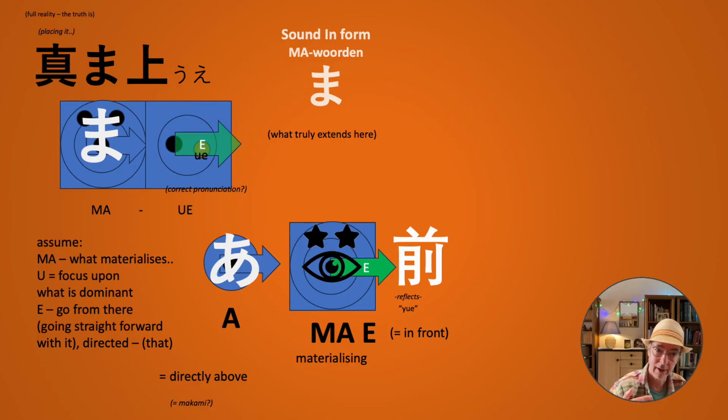Then instead of ya, ma, ue, the yue is also the reflection, what is reflected before me. Ma e is the ma focus of what do we have next, what do we have as extra. Here we have what we have next in front of us. Ma e, immediately with the e, without the u, without too much of the reflection. A little bit more direct, it is just immediately seeing what is in front of you.